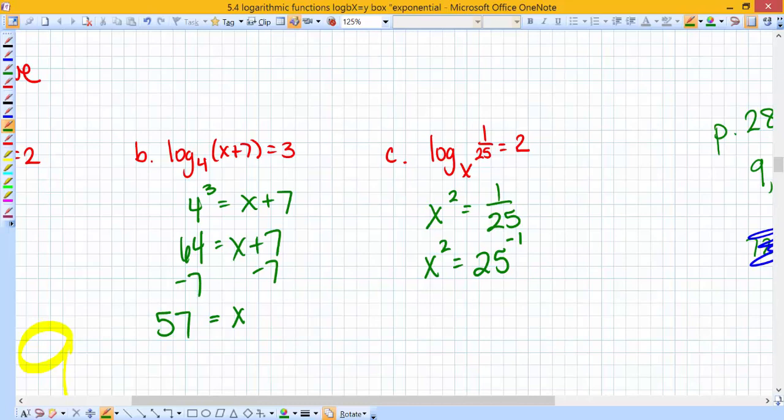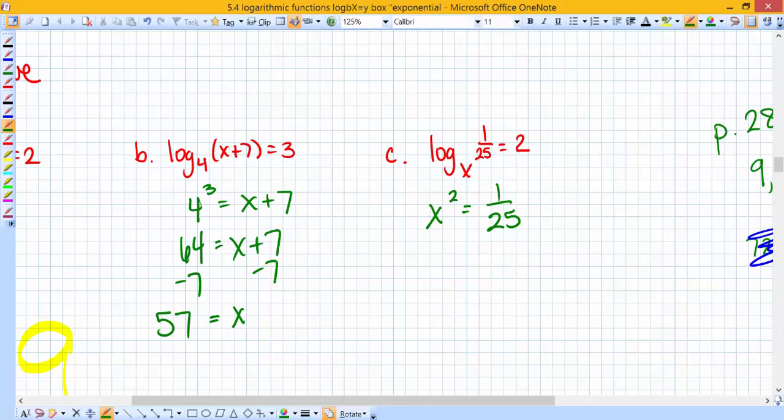I don't know if that's going to help us much at all, but because I have a fraction, I need to be thinking that, oh, fraction, negative exponent. But if I look at my exponent, it's not negative. So I'm not going to think of it this way.